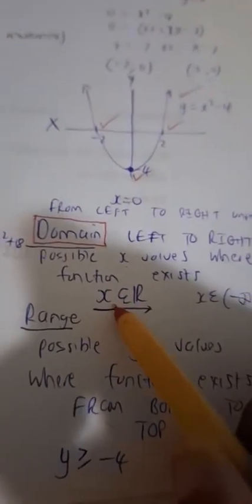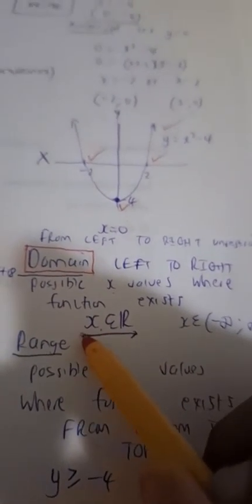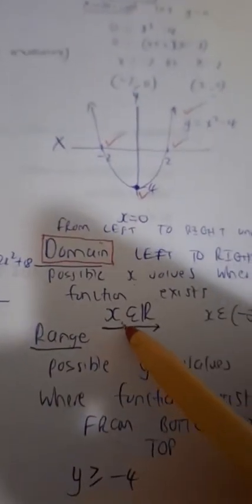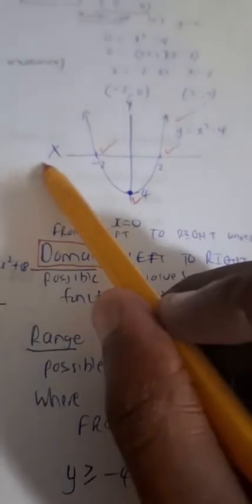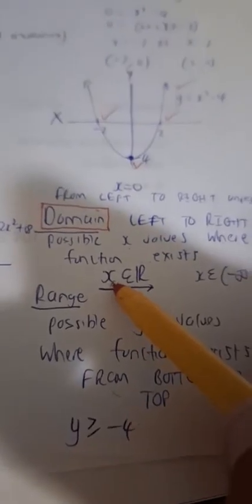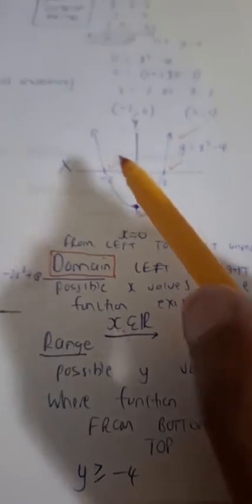It's unrestricted, which is why when you speak about the domain of this function, we say that x is an element of all real numbers. In other words, this function exists for every x value from left to right. That's what we mean by x is an element of real numbers.